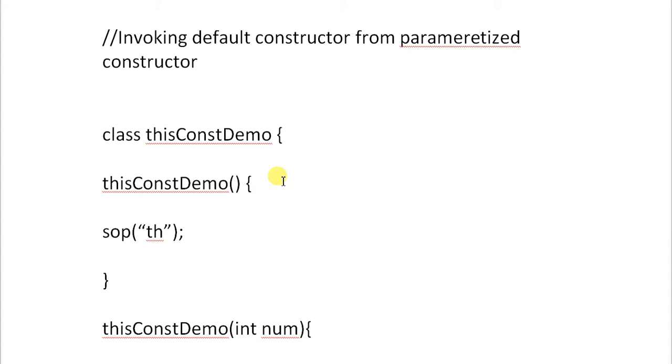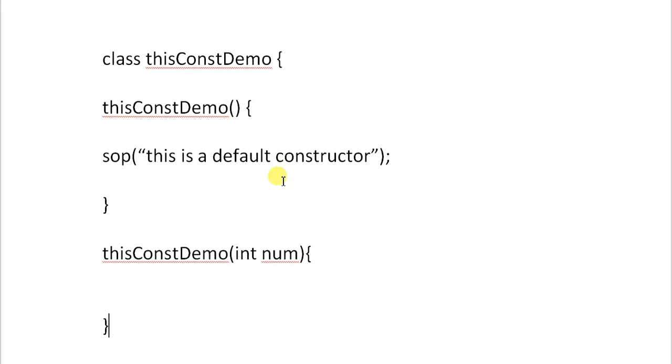So let's say this is a default constructor. This default constructor name is this const demo, which is without parameter, and the parameterized constructor is this const demo with one integer parameter.